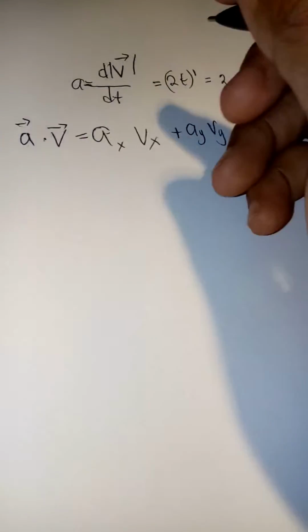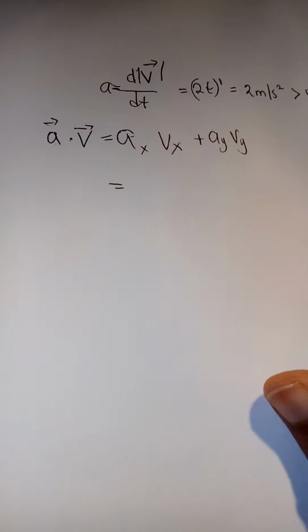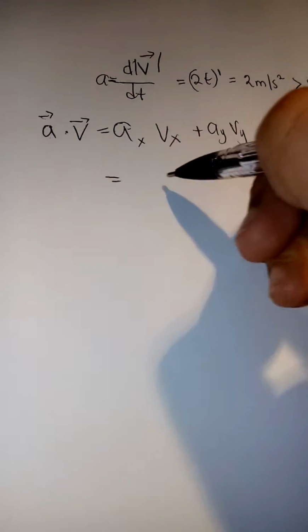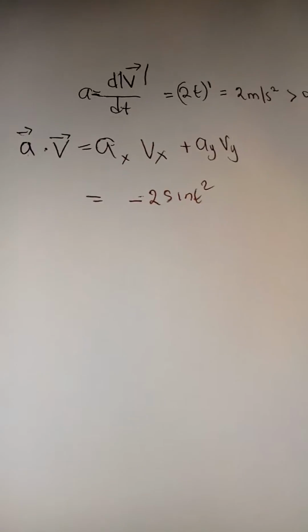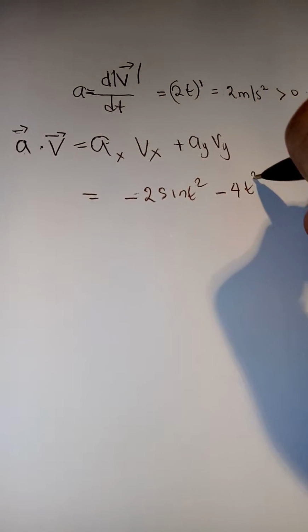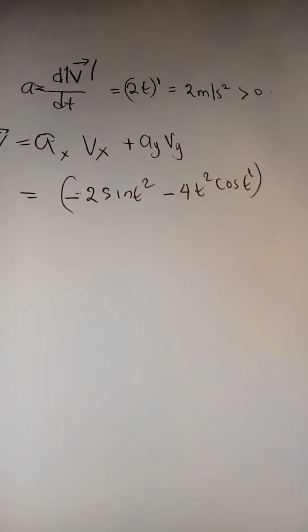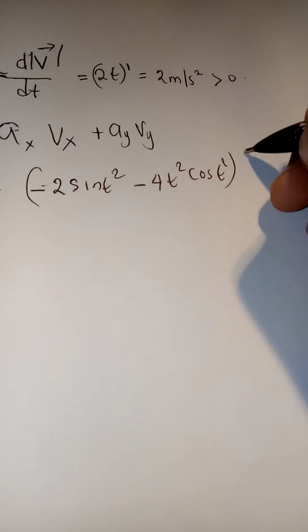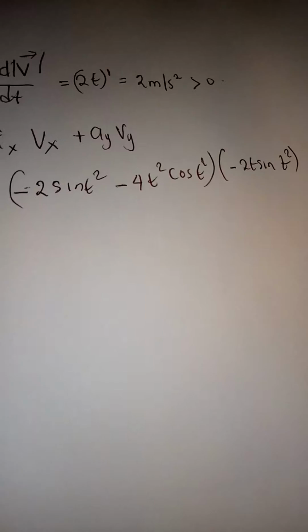So our ax is negative 2 sinus t square minus 4t square cosinus t square, which we already calculated in the previous video. And then our vx, which we also calculated, was 2t sinus t square.